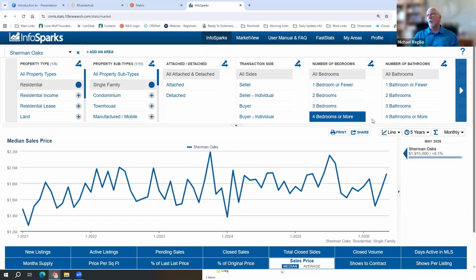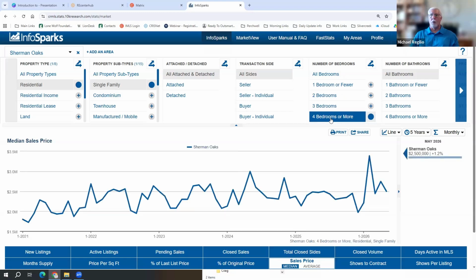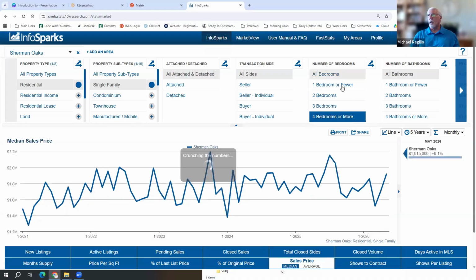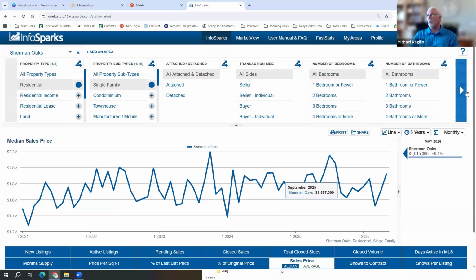The same is true if it's a larger home and I just want things that are 4 bedrooms or more. 1 bedroom houses, 2 bedroom houses in an area may not be relevant. So you can filter by the number of bedrooms. Click it on. If you click it by accident, you hit the minus sign, it will take it off.